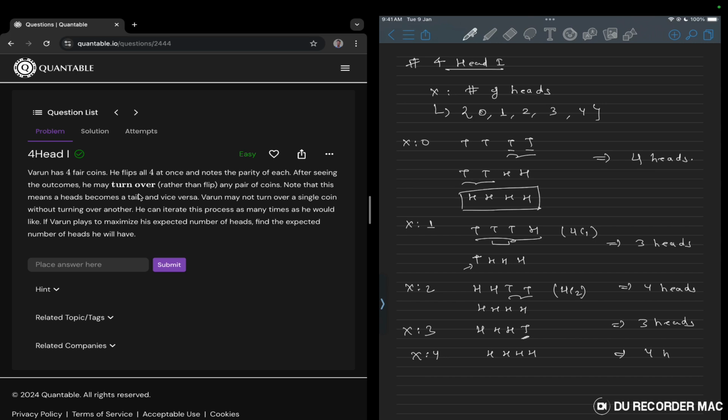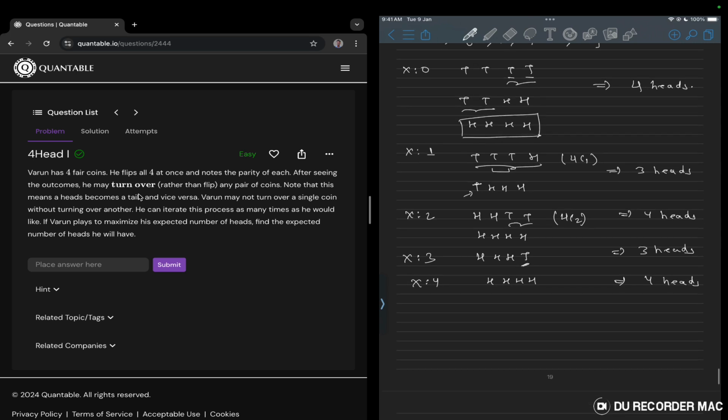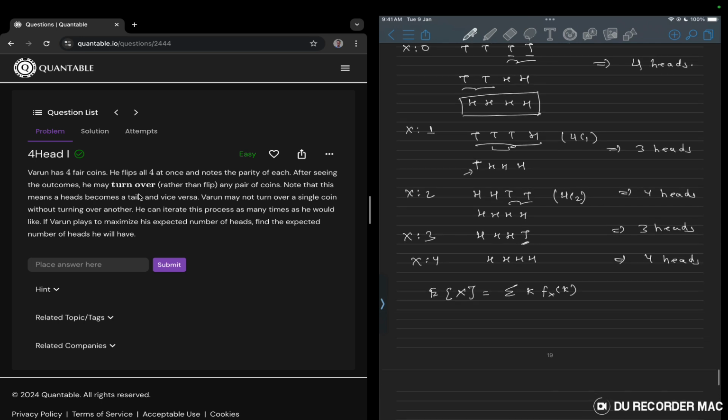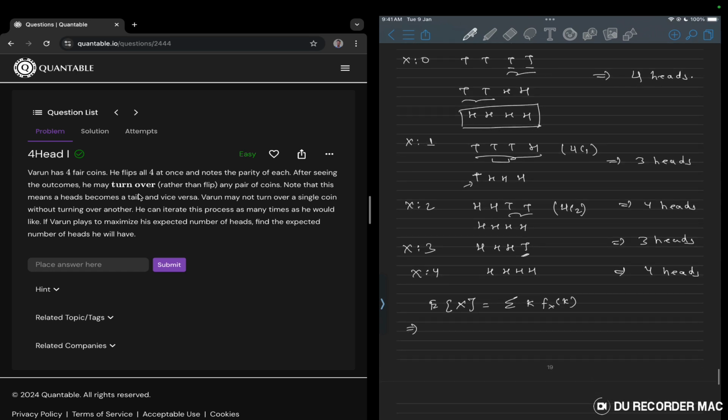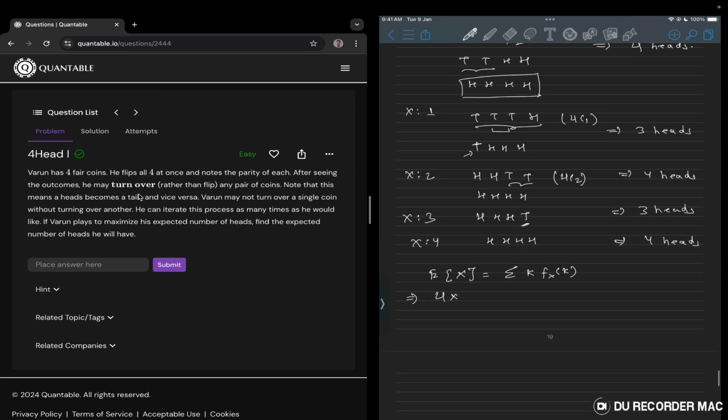We'll get 4 heads. Now we have to find the expectation of this optimized random variable which we got after playing optimally. So E of X will be the summation of k times f of x at k, where k is all the values which the random variable can take. Let's see, k for the first scenario is 4. The probability is going to remain common for all the cases: it is going to be 1 by 16.